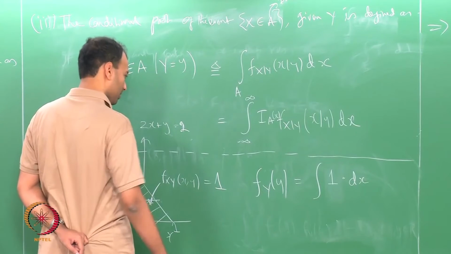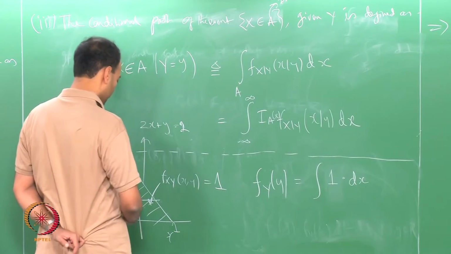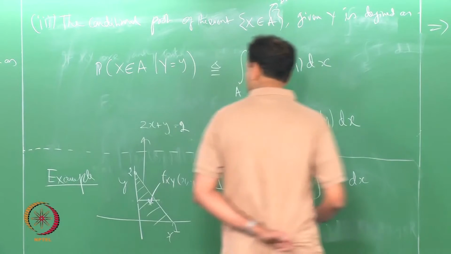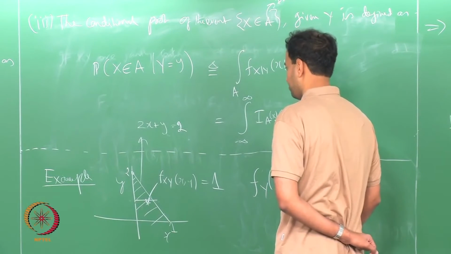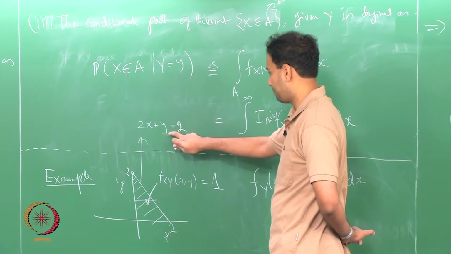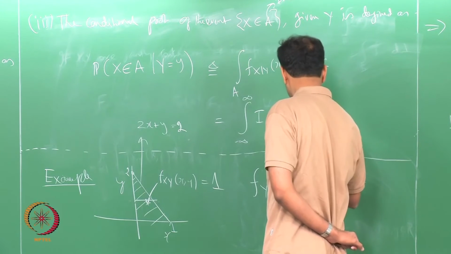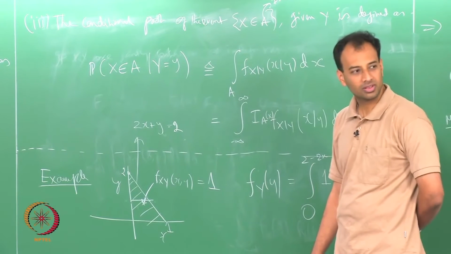So, which means I should vary my x from 0 to 2 minus 2 x, correct.